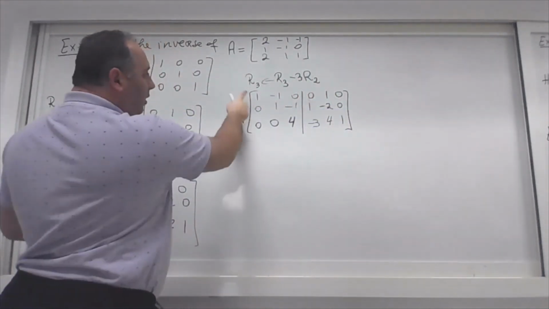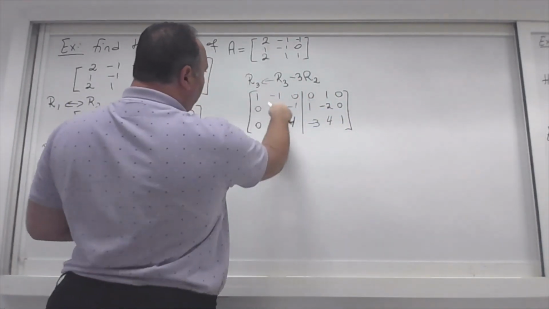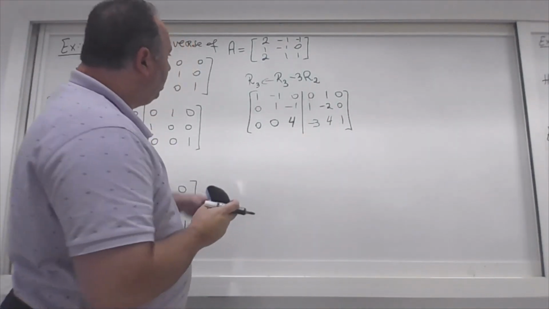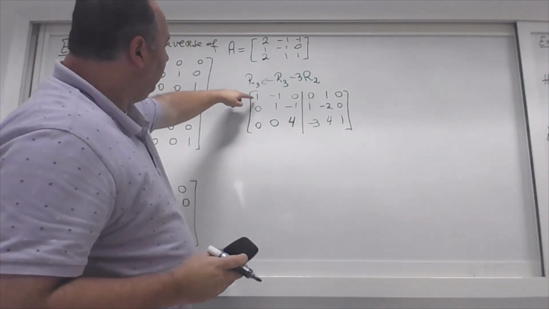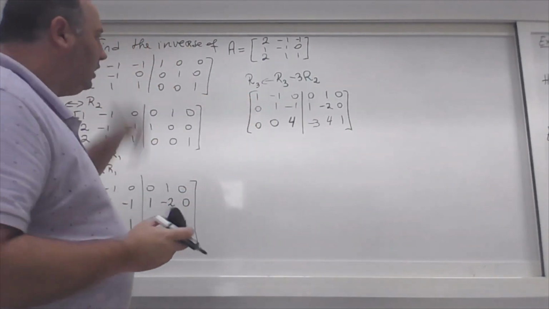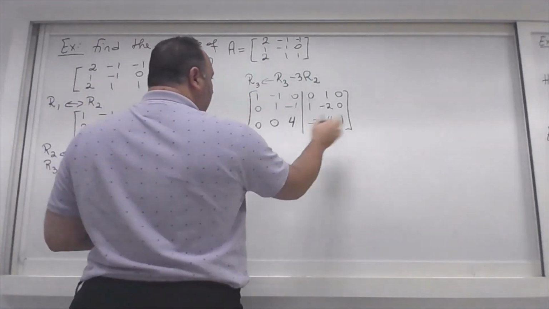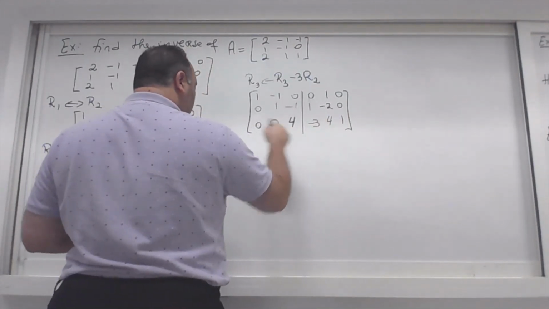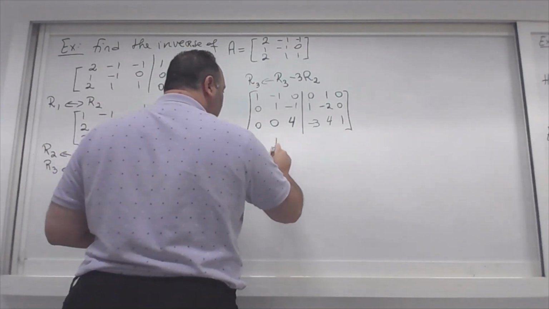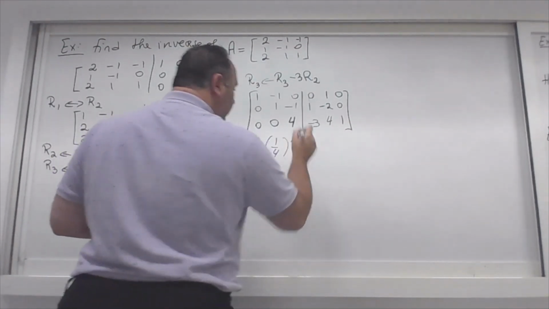So now what I have here is an upper triangular matrix. Later on we will know that upper triangular matrices are invertible if and only if the diagonal terms are different from 0. So I know everything is going to be fine. Divide by 4 to get 1 here. So row 3 is replaced by 1 over 4 times row 3.